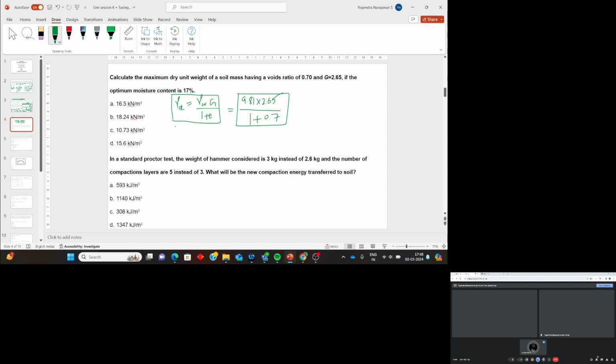If you use pi as a value, you will get 15.6. That is not an issue. Yes, sir. It will be 15.6.